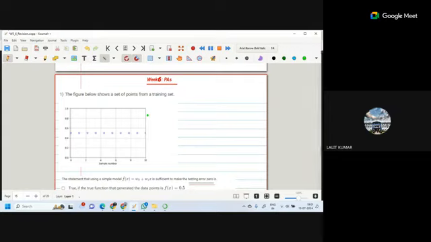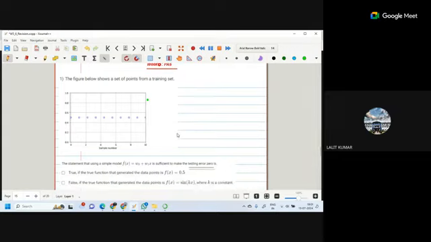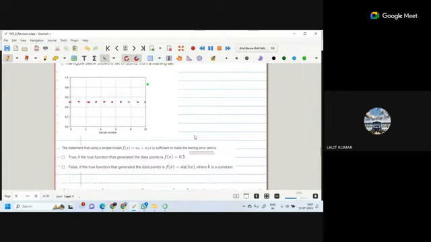Okay. So the figure below shows a set of points from a training set. These are the points, all at 0.5. The question is: the statement that using a simple model fx = w0 + w1x is sufficient to make the testing error 0 is true if the true function that generated the data points is fx = 0.5.